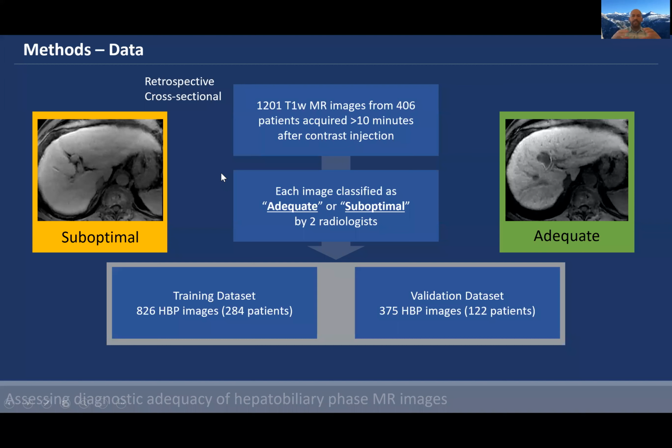Following data collection, we had 2 radiologists independently determine whether each of these images was adequate or suboptimal. And these serve as our ground truth classifications. Whenever these 2 radiologists disagreed with each other, the classifications were adjudicated in a consensus read so that we have a single classification.